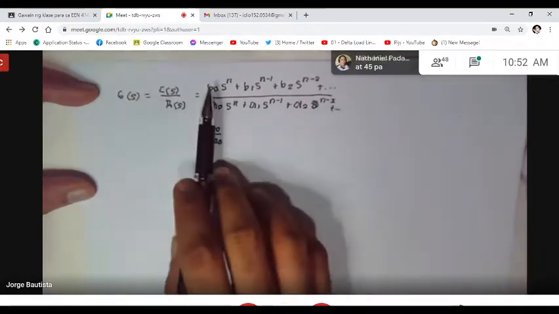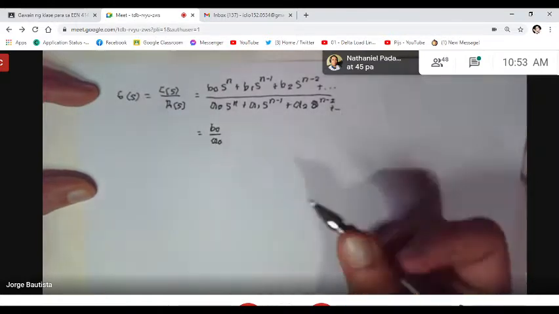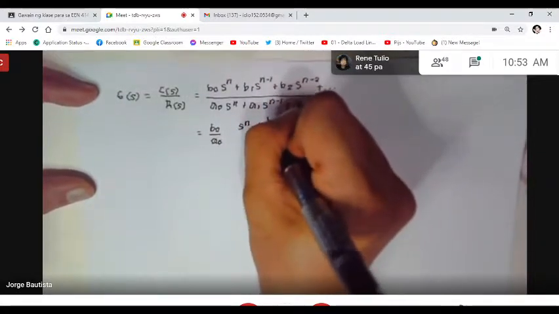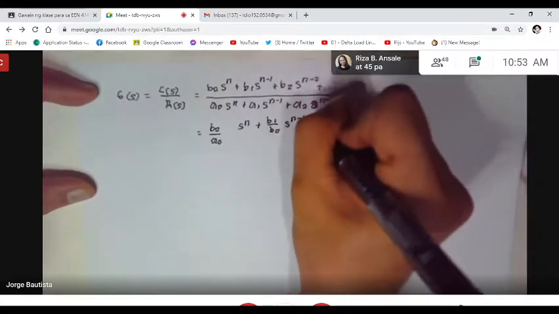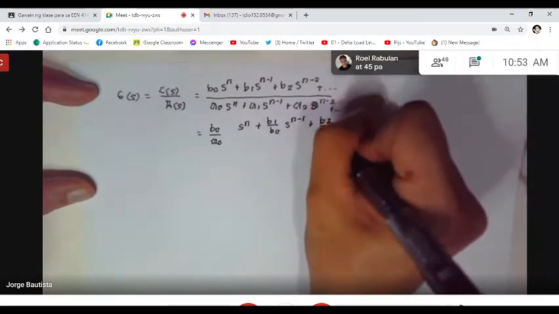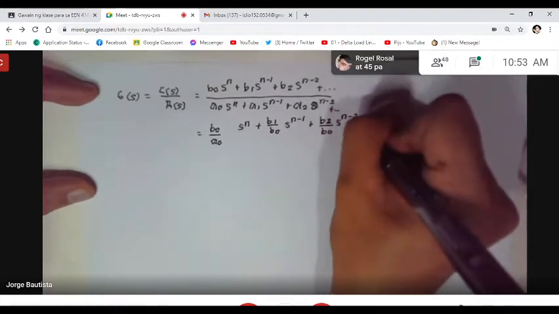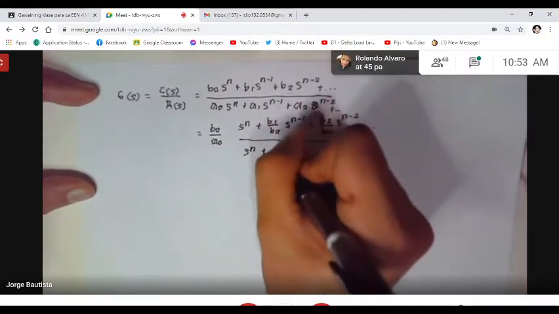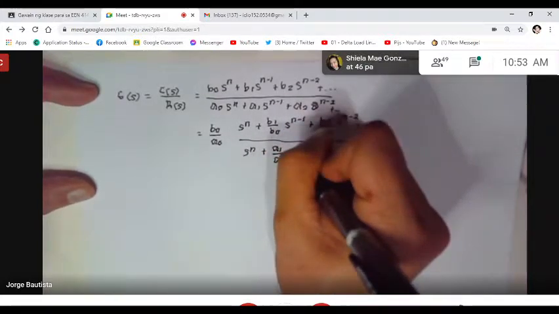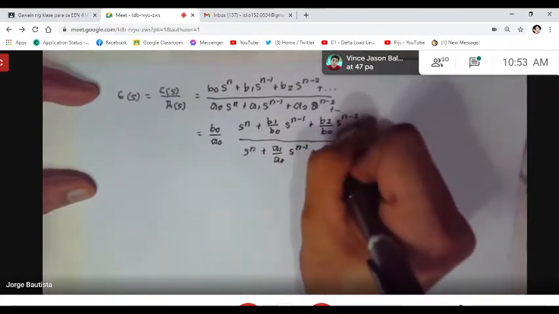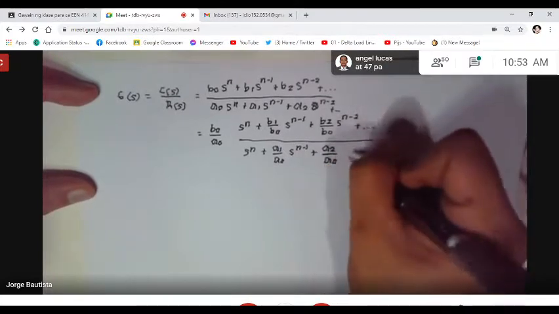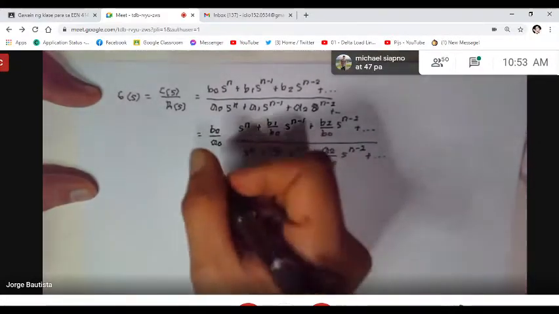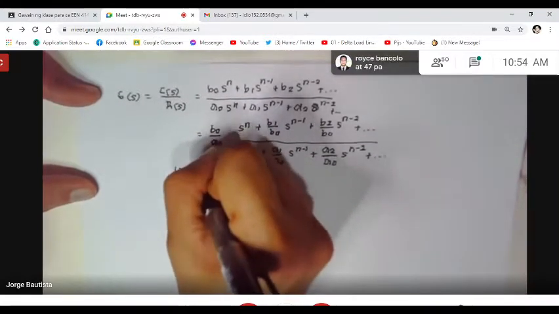We said the gain is the coefficient of the highest exponent of S. So what remains is S raised to N, plus B sub 1 over B sub 0 S raised to N minus 1, plus B sub 2 over B sub 0 S raised to N minus 2, plus etc., all over S raised to N, plus A sub 1 over A sub 0 S raised to N minus 1, plus A sub 2 over A sub 0 S raised to N minus 2, plus etc. So this B sub 0 over A sub 0 is K.